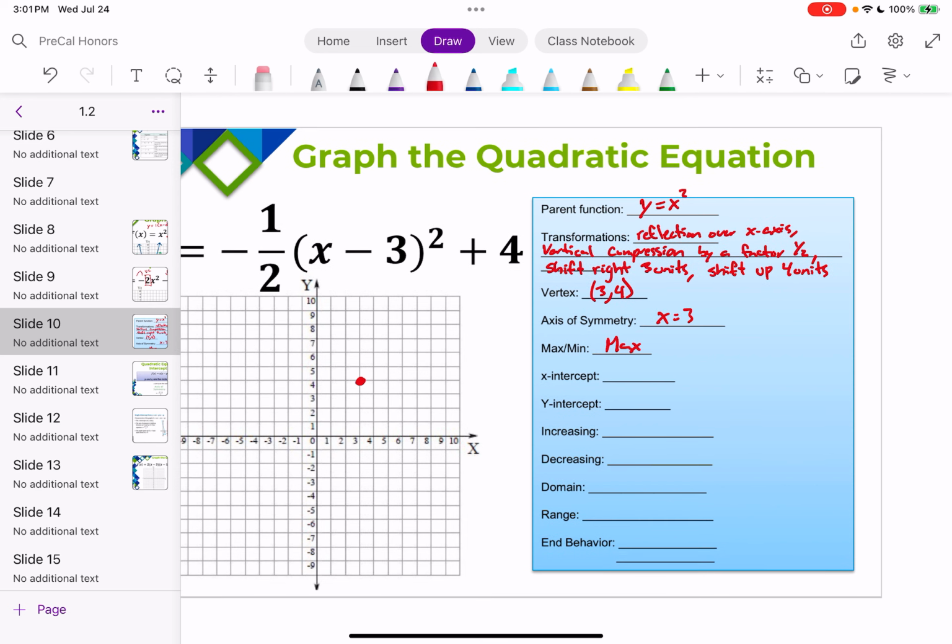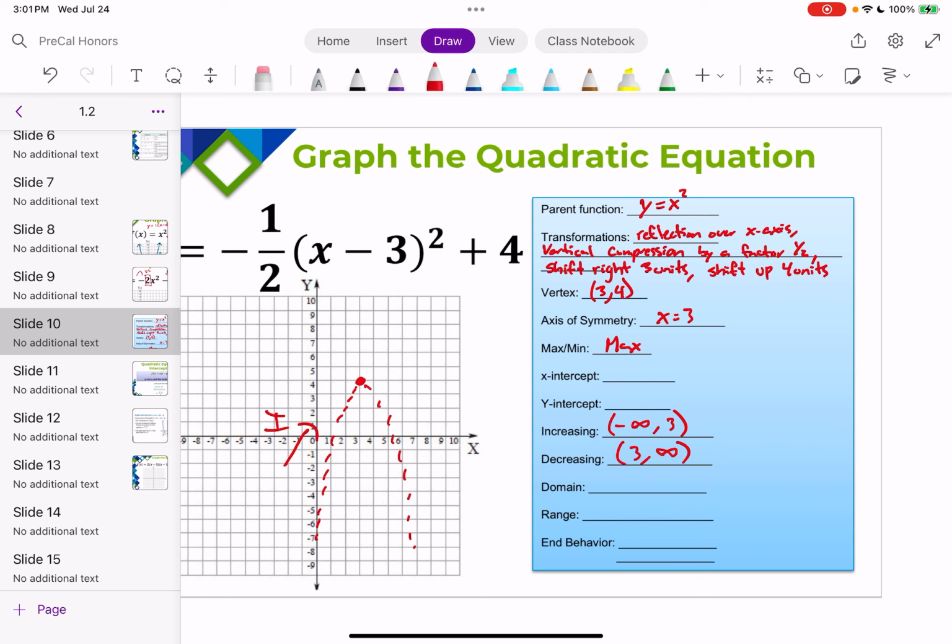Since it's facing downward, in a rough drawing we can see that it's going to increase from -infinity up to 3, and from 3 to positive infinity, it is going to decrease.